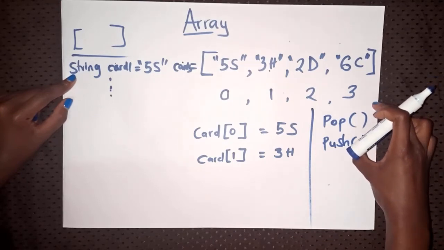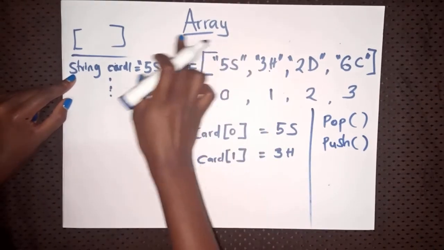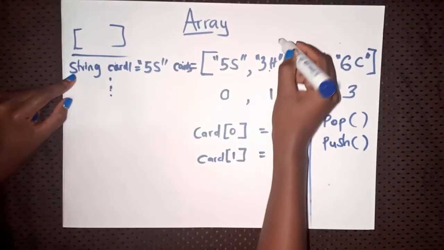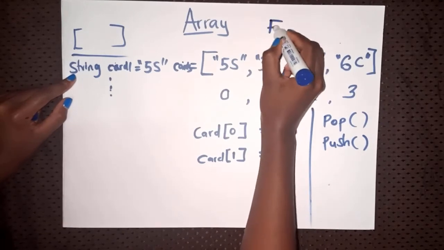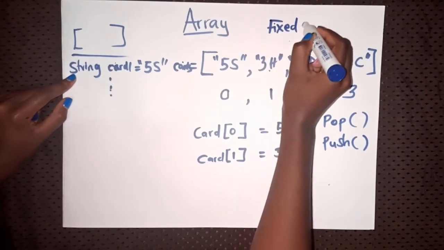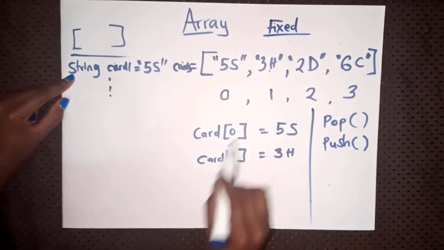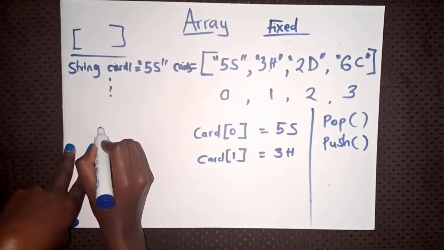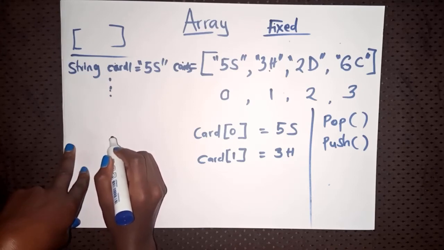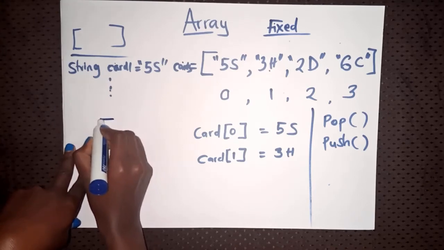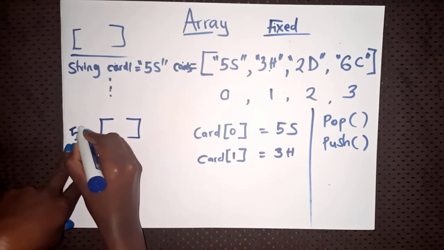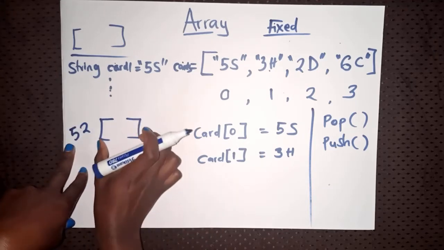However, an array, to be specific, not any other grouping, but an array always has a fixed size. Mostly in any programming language, whenever you're declaring an array, you will have to explicitly say this array has 52 or 54 values in it.